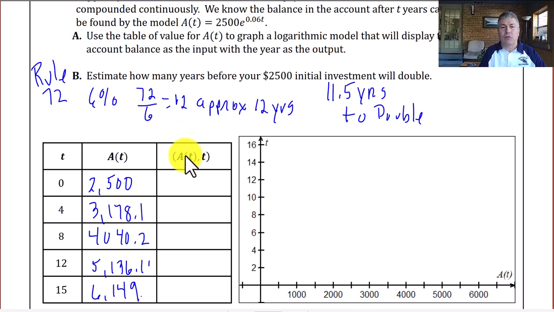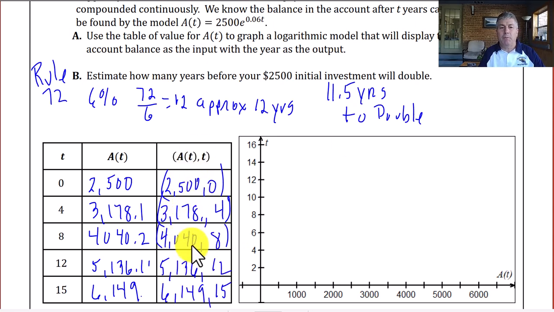Then in this third column, they ask us to find the inverse, so we're flipping our x's and y's. The first ordered pair is 2,500 and 0. Our second ordered pair is 3,178.10 and 4, and so forth. So we'll fill the rest of that in.